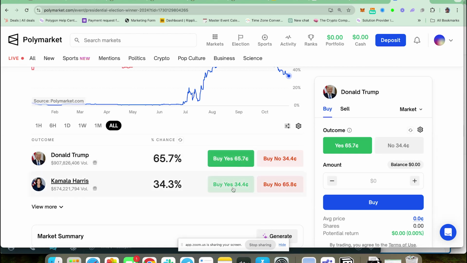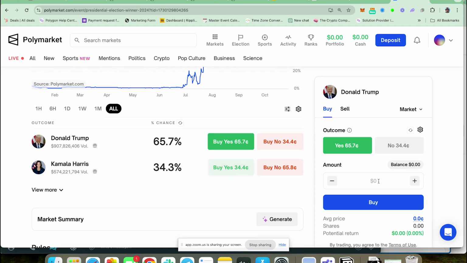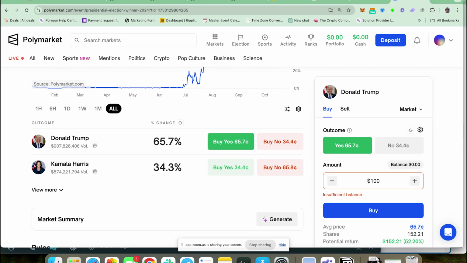And if I buy a yes on Kamala, again, I would get $1. So right now, if I'm betting for Kamala, I have higher risk but higher reward, because if I'm correct, I'm getting the dollar for the stake. So imagine that I want to bet, I don't know, $100. Well, I don't have balance.